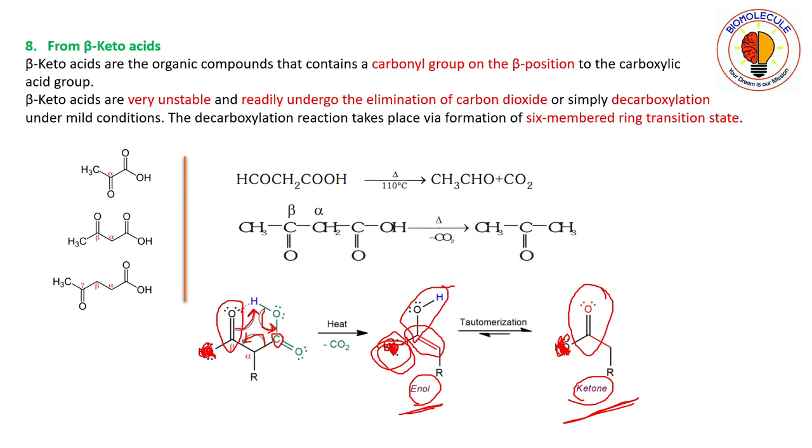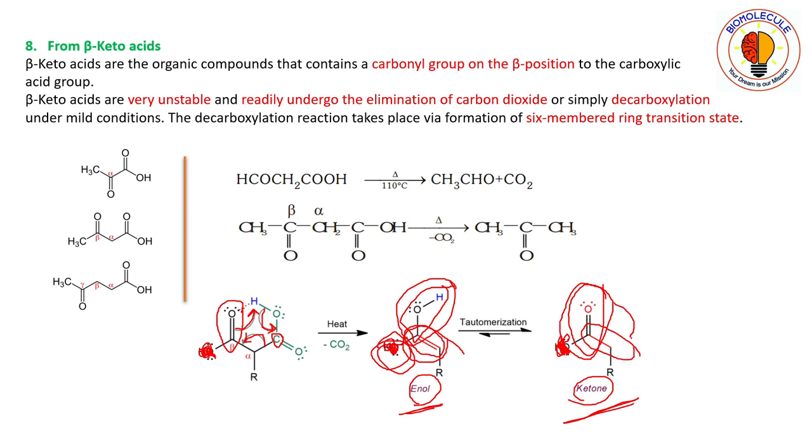this carbonyl group is a very stable group and its bond enthalpy is very high compared to a carbon-oxygen single bond. Here in the enol form it is a carbon-carbon double bond and a carbon-oxygen single bond, but in the carbonyl form it is a carbon-oxygen double bond and a carbon-carbon single bond.